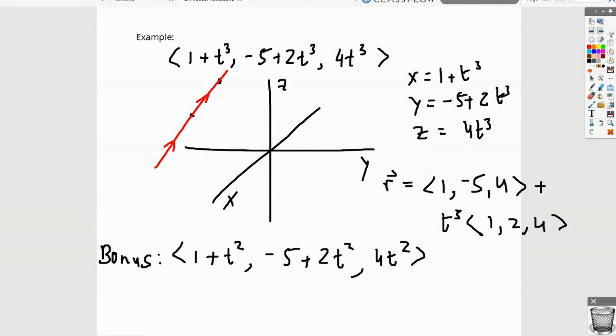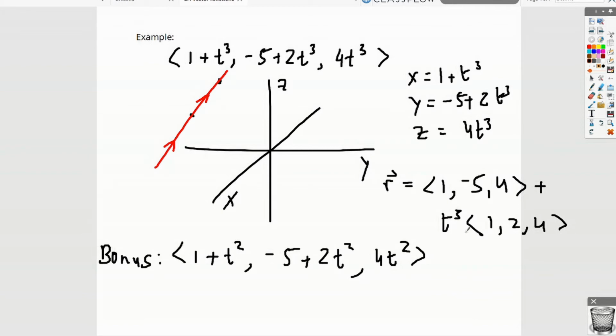So this is the function with the t cubed. What changes when there's a t squared instead of a t cubed? What actually changes is that the coefficient of the function before the vector cannot be negative.